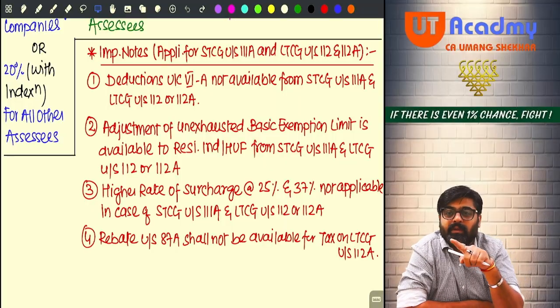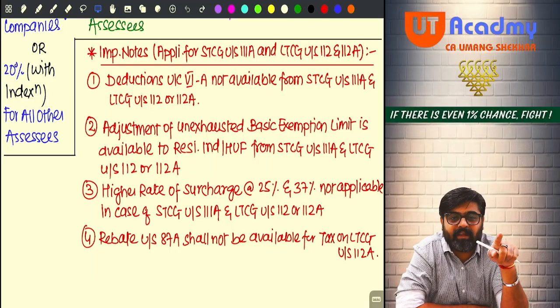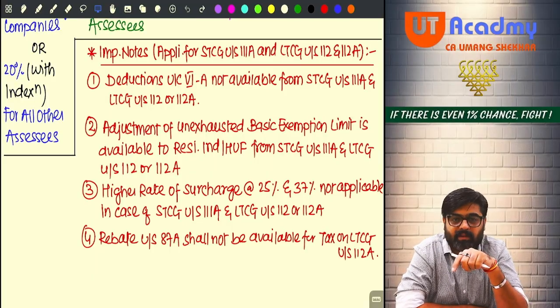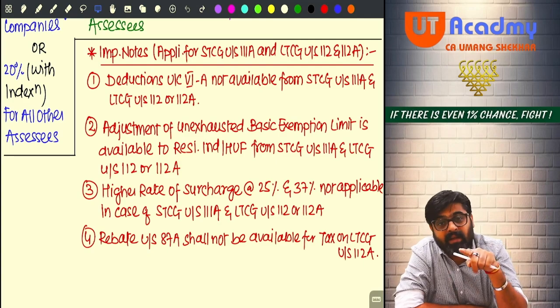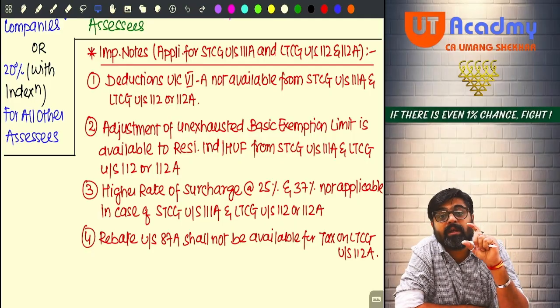Dividend income. Kaushik was saying that it should be exempt. No, it was exempt earlier. But on that dividend, the additional tax was paid by the company. Under section 115O, there was one tax known as DDT, dividend distribution tax.